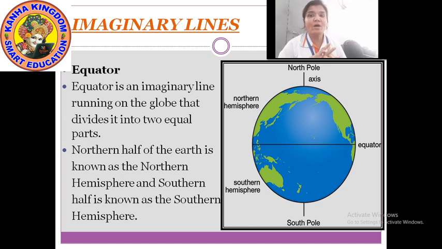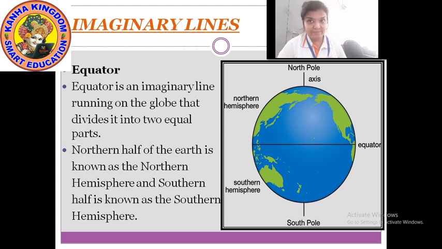Okay, from which the upper hemisphere is known as northern hemisphere because it is in the north direction, and the lower hemisphere is known as southern hemisphere because it is in the southern direction.